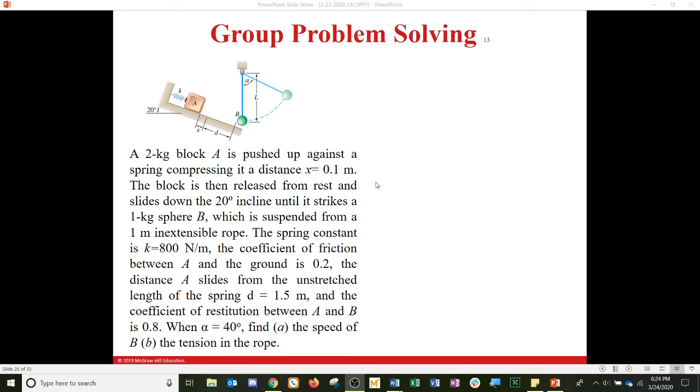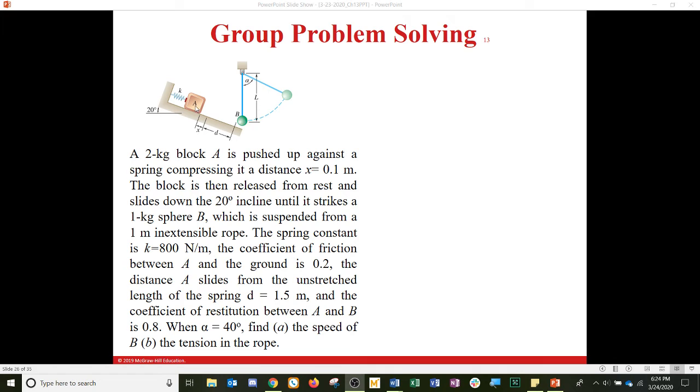Okay, we did this problem together in class, so this will wrap up this video. And the problem was we had a mass A on the slope, and it was attached to a spring that was compressed by 1/10 of a meter. We had another distance, G, down to ball B, and B is tethered here, so B has to move horizontally.